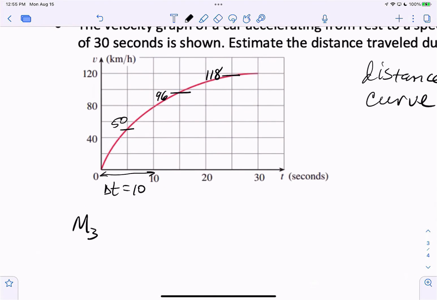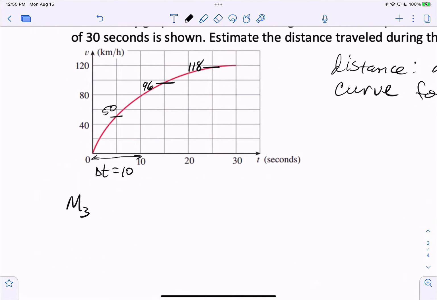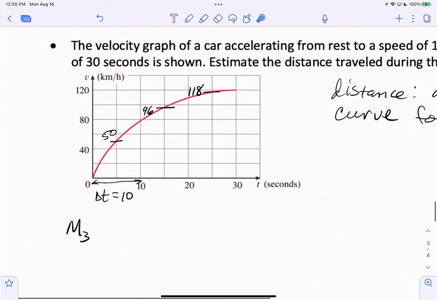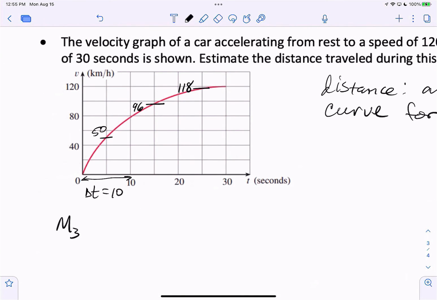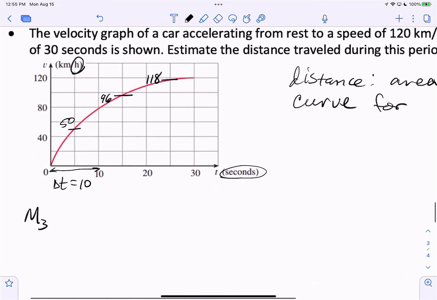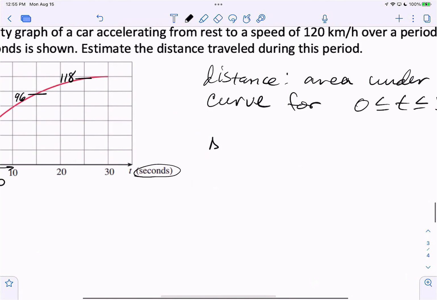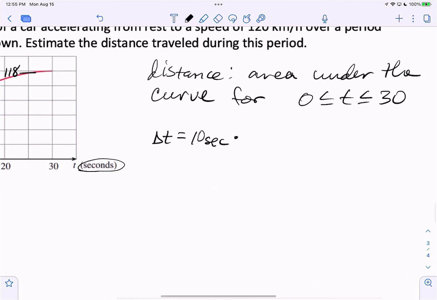Now, those are my function heights, but I have to deal with something here. The units for the vertical axis are in kilometers per hour, and the units for the horizontal axis are in seconds. And so I need to take this delta t, which is 10 seconds, and I need to convert it to hours. So first, this is unit analysis.